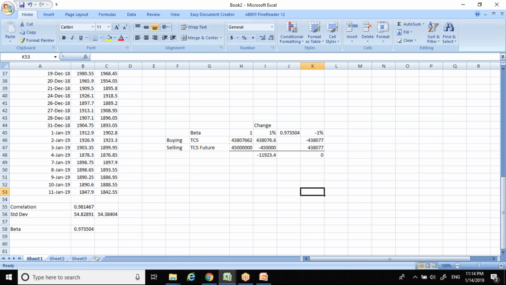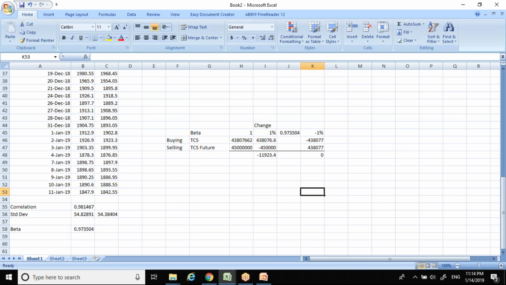Which means the remaining around 1800 stocks don't have futures contracts traded in the derivative segment. So most of these companies can't be hedged with a respective futures contract of those companies. Now you have to go for cross hedging.